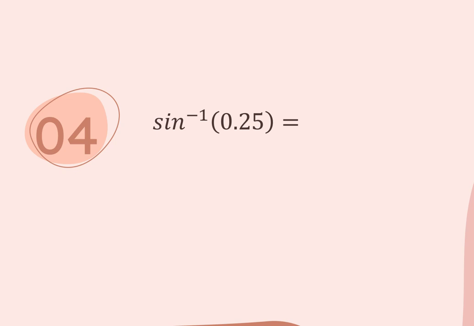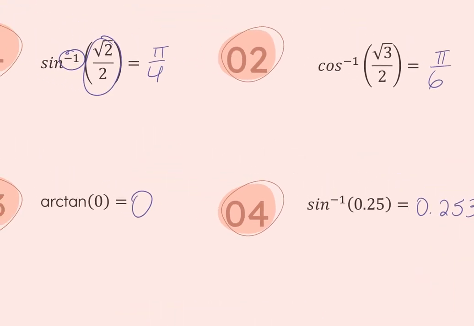So inverse sine of 0.25, and we get 0.2526. So 0.253, and again, it should be in radians.